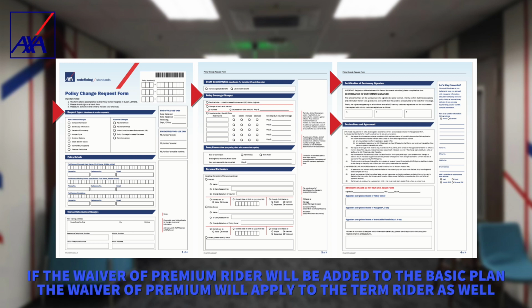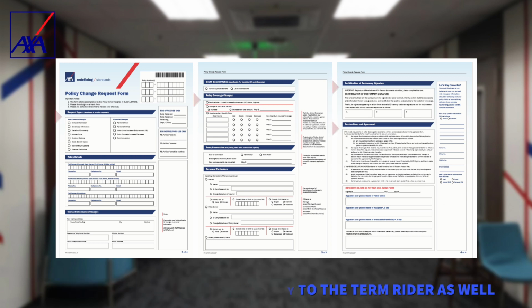If waiver of premium will be added to the basic plan that has a term rider, the waiver of premium will apply to the term rider as well. Do note that addition of riders will be subject to underwriting evaluation, and always indicate the rider variants together with a health statement form to avoid delays in processing.